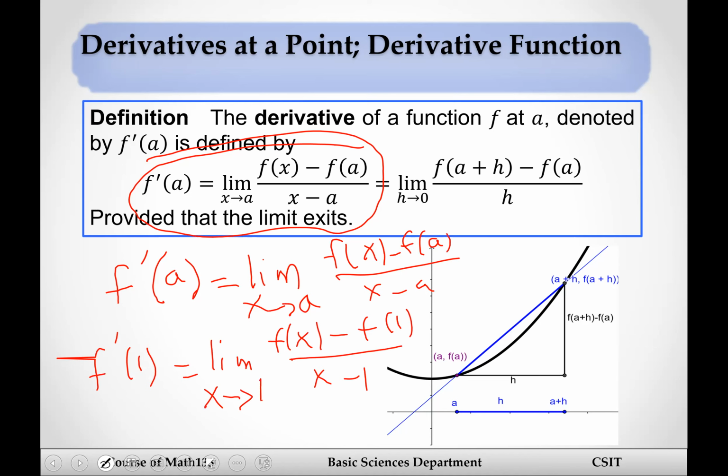So if I compute here the difference between the y for x and the y for 1, divided by the difference of the x's, x minus 1, this quotient gives at the limit the derivative of f at the point 1. So this is a simple basic definition of the derivative linked to the limit.